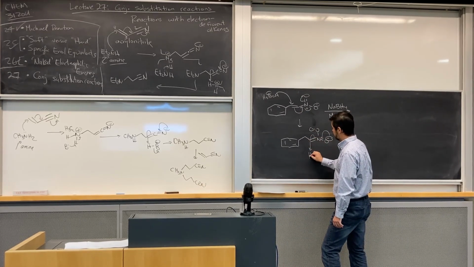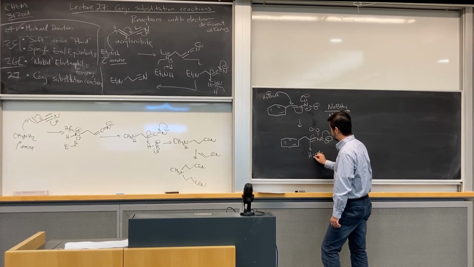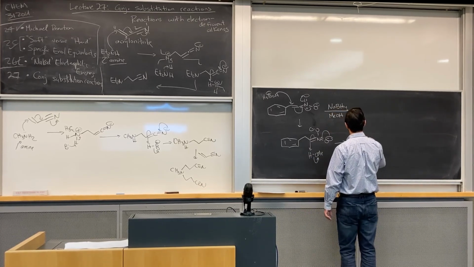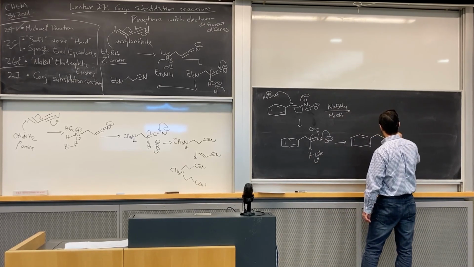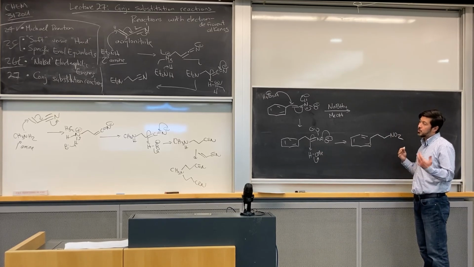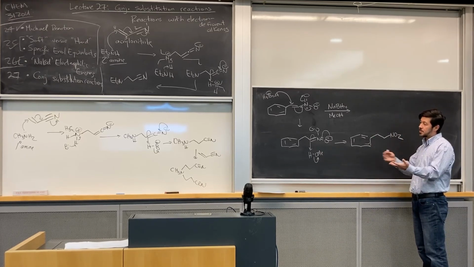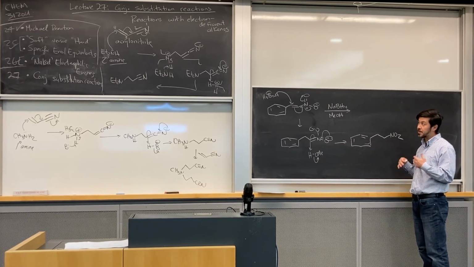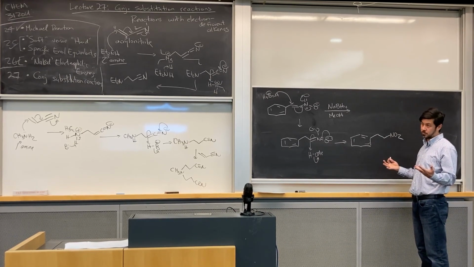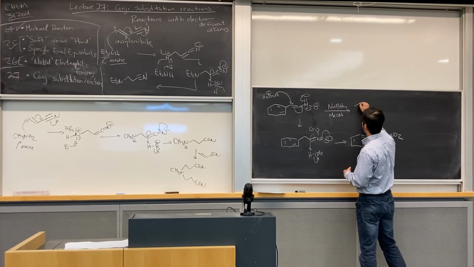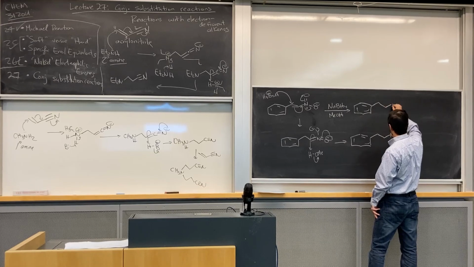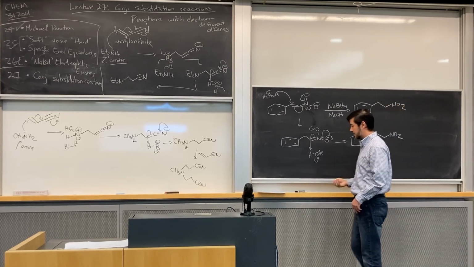Then you'll pick up a proton from methanol. And then your final product will be this reduced form. So it's a very good way to reduce these types of double bonds in the presence of things like aromatic species, but it's only going to occur when you have a good, strong electron withdrawing group. So I'll just draw the final product again, just so your notes are complete. And there's the mechanism there.